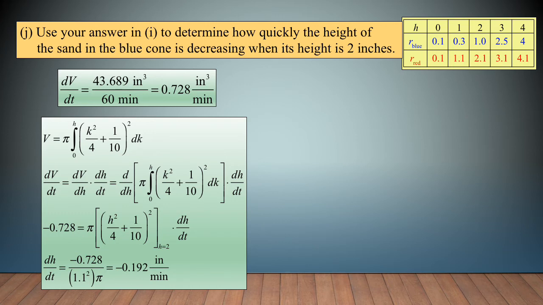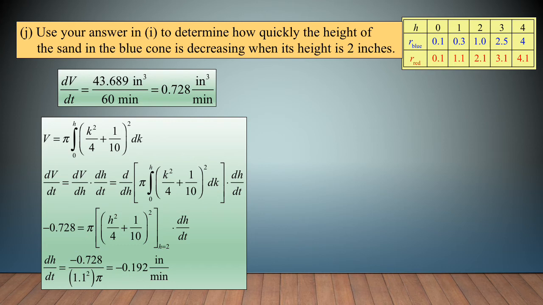We first need to have an expression for the volume as a function of h, its height. And we can say that V is pi integral from 0 to h of (k squared over 4 plus 1/10) squared dk. We can use any other variable we wish other than k except for h.